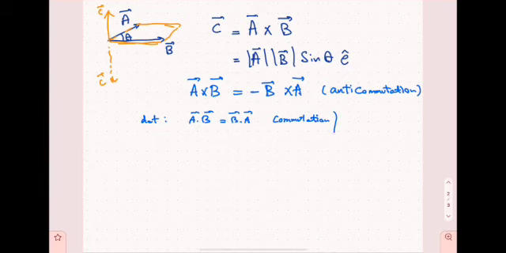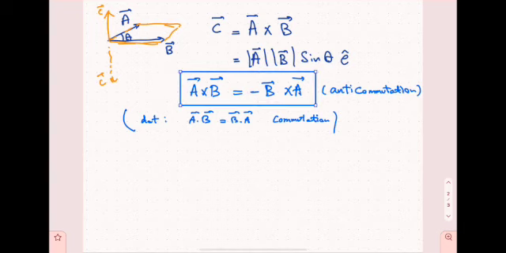It's just a reminder, but what we are talking about now is the cross product. If you calculate the cross product of A times B, you could get, for example, C, but B cross A would be in the other direction with a negative sign.